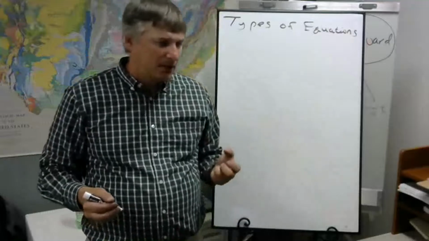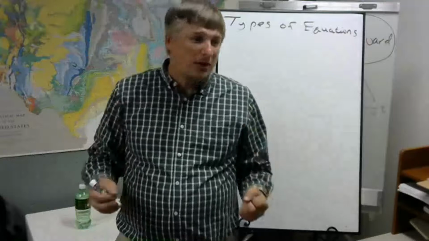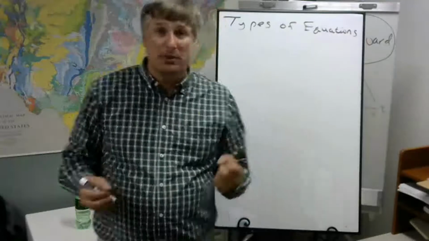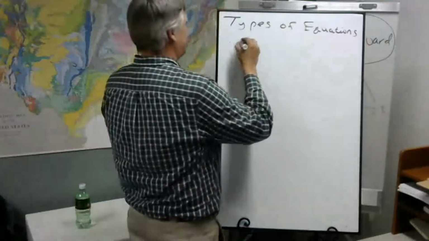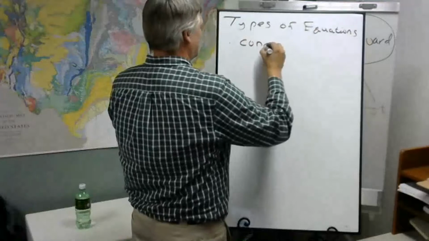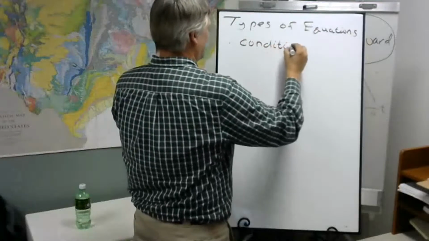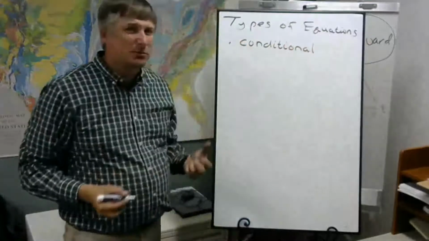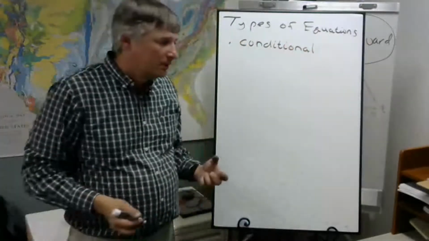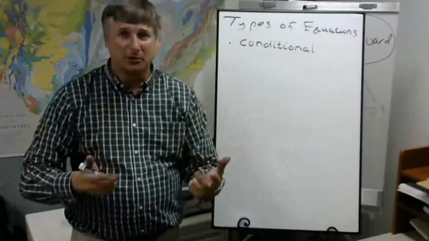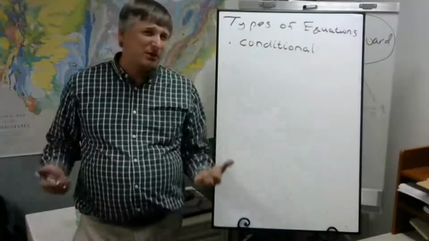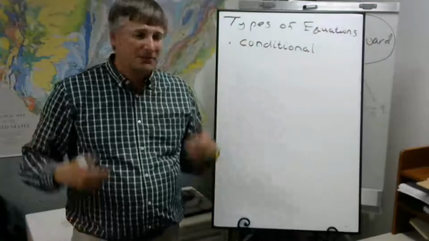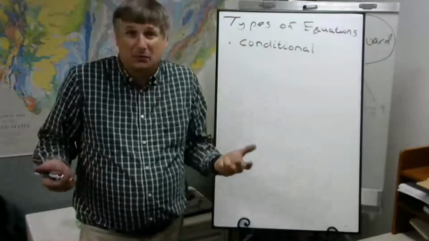That means there's at least one solution to the equation. Now, we talk about this in terms of solution sets. A set is a collection of objects. So when we talk about a solution set, it's a set that's a collection of the solutions.